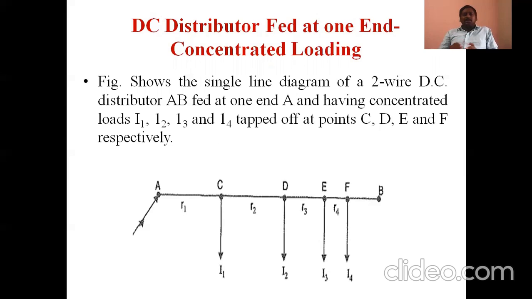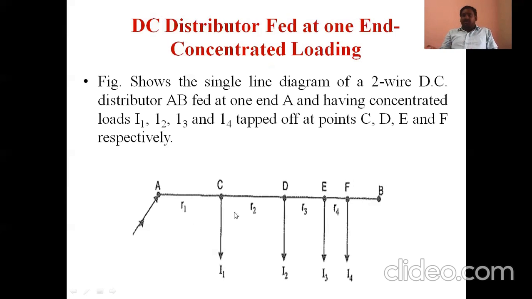C is a node, meaning current division takes place; D, F and B are also nodes where current division takes place. The total current can be represented as I1 plus I2 plus I3 plus I4, and this total current is in section AC.